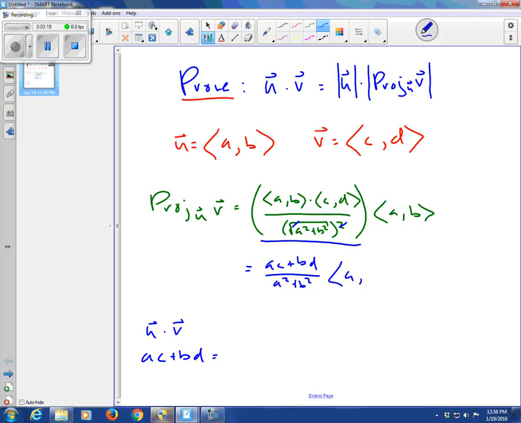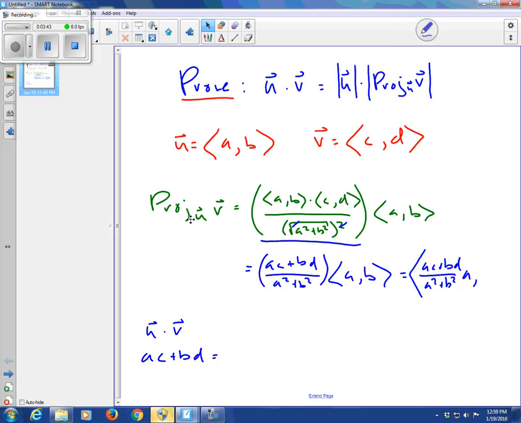So we will go ahead and distribute through that scalar to both the horizontal and the vertical components. So that's going to give us that scalar of ac plus bd over a squared plus b squared times a.